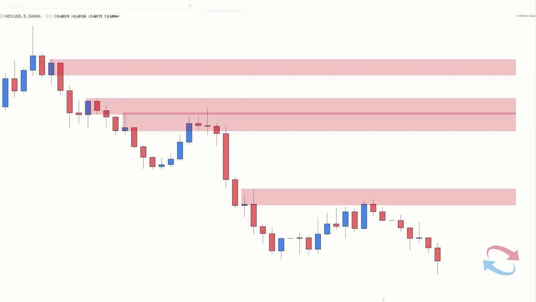That now becomes an area where we want to draw our supply zone, and then price does come back up into that area, and then we react.